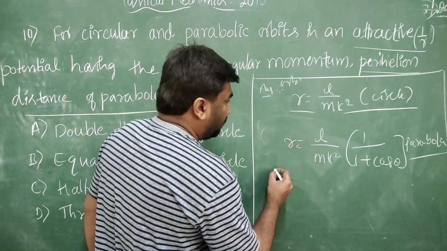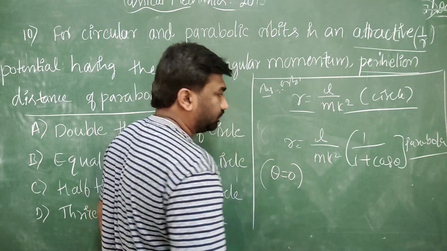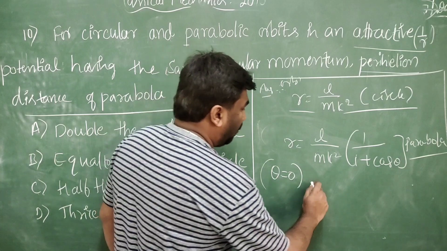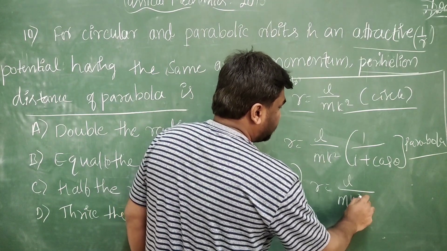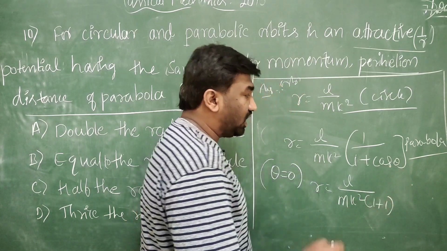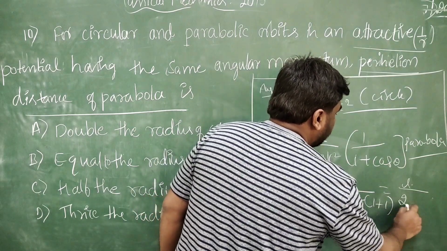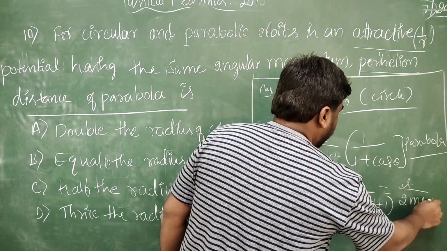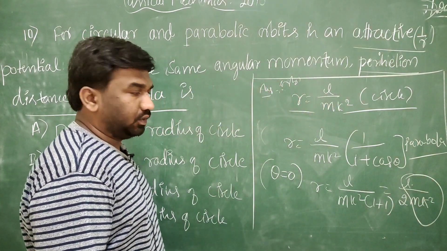Here when theta is equal to 0 for the parabola, then r is equal to L divided by mk square into 1 plus 1, because cos 0 is 1. So which is equal to L divided by 2 into mk square. So L by mk square is nothing but r.